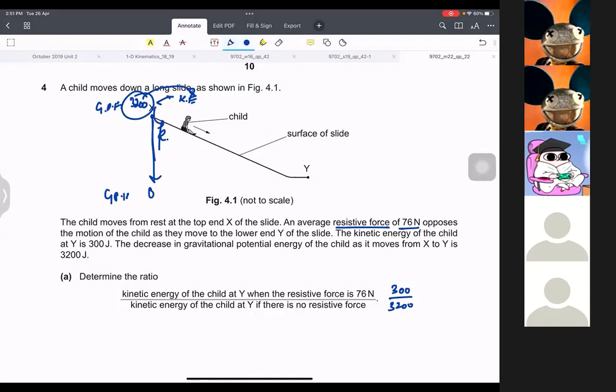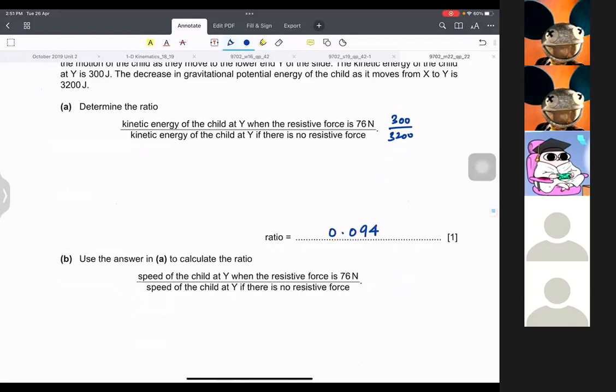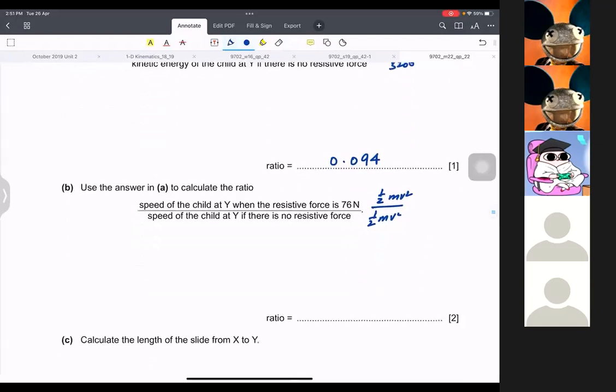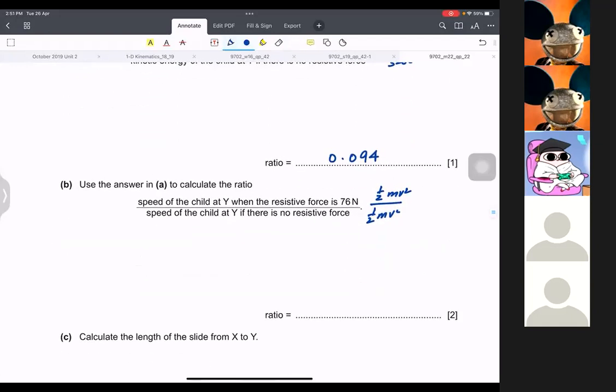Now, use your answer in A to calculate the ratio of the speed of the child at Y when the resistive force is there, to the speed of the child at Y when there is no resistive force. Fine, not a big deal. Basically, this will be half mv squared over half mv squared. So they're two different things: this is V1, this is V2.